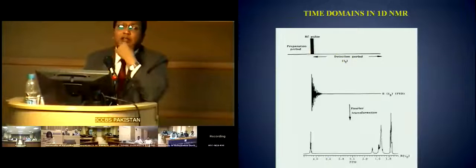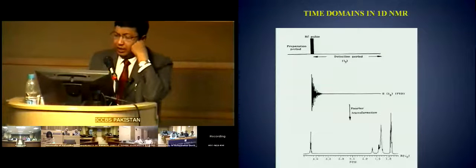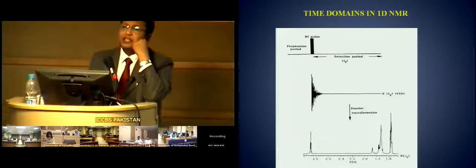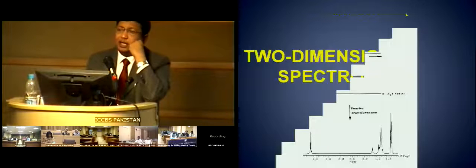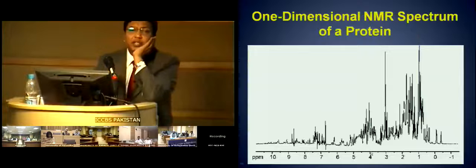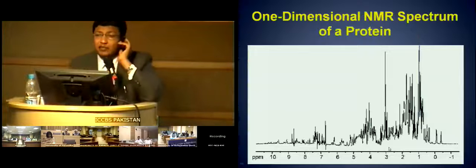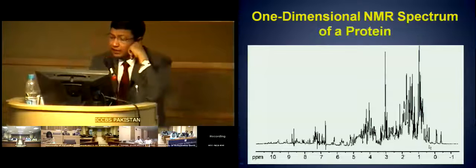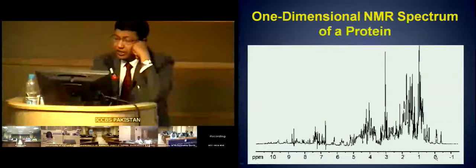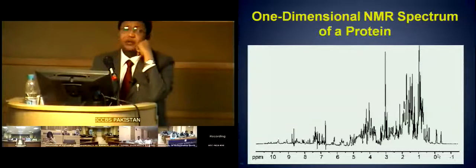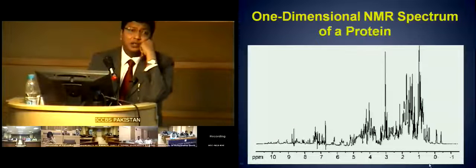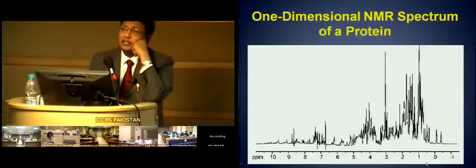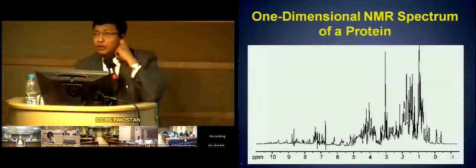Solving the problem of interpretation. Can any one of you say that this particular proton NMR spectrum of protein is lacking any information? Absolutely not. For instance, these peaks which are off field than zero mean a lot. Which proton would come below zero?